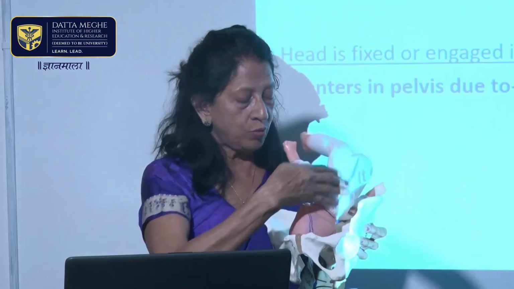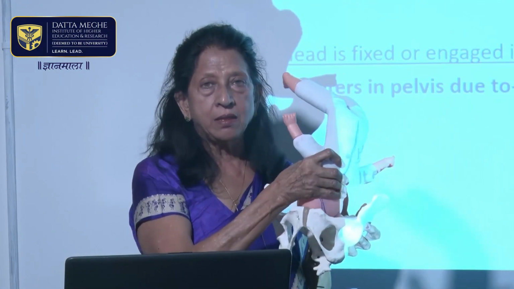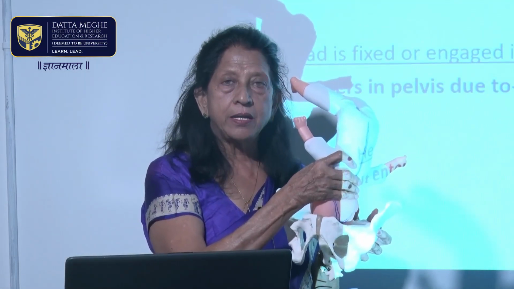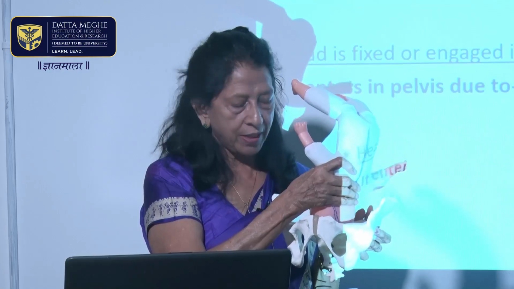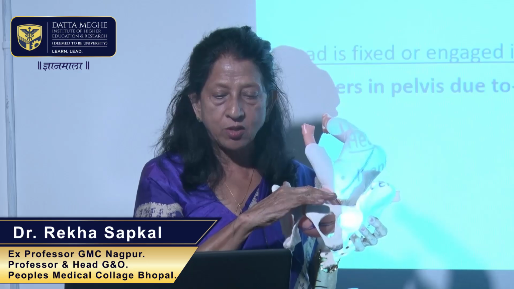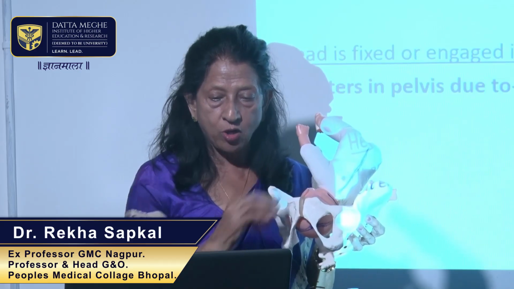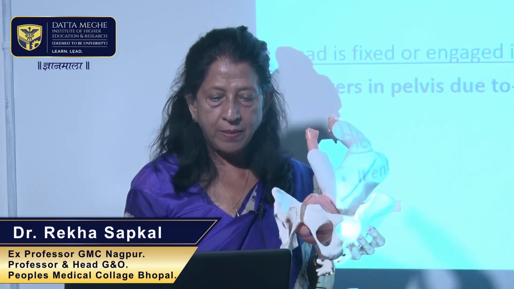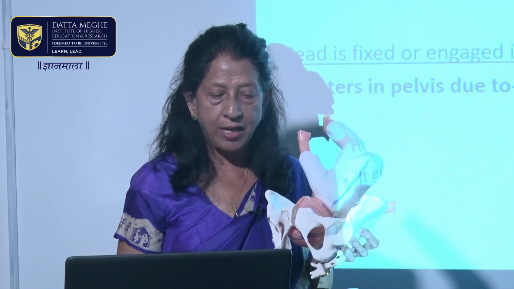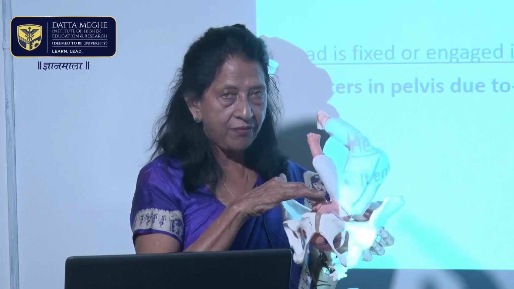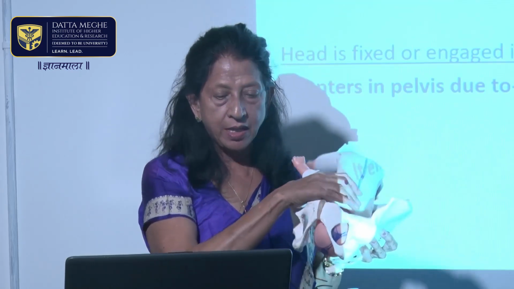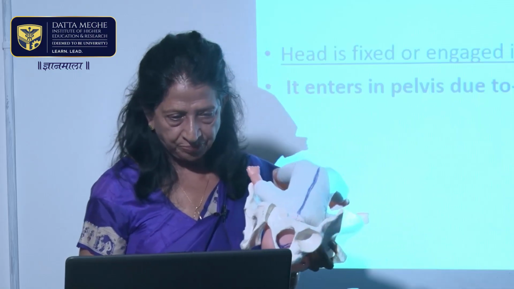But somehow the head is floating in primigravida sometimes, and in multigravida it is always floating. In these cases I want to assess whether this inlet is adequate for the fetal head or not by a method known as the clinical method of assessing cephalopelvic disproportion. Cephalopelvic means in relation to the head whether the inlet is adequate or not.